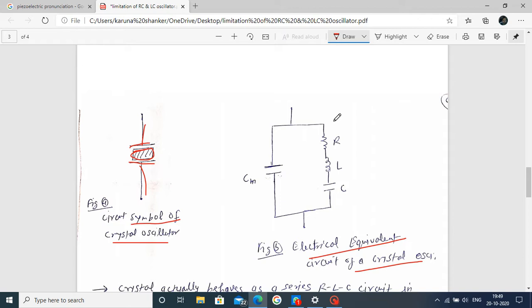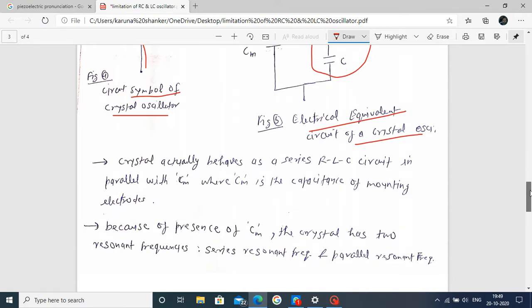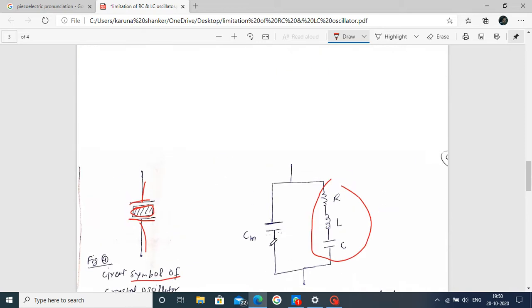This is a series RLC in parallel combination with CM. CM is a capacitance called the mounting capacitance, the capacitance of the mounting electrodes.